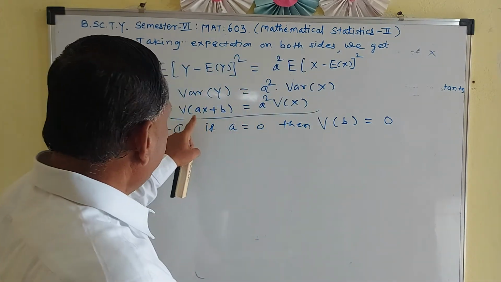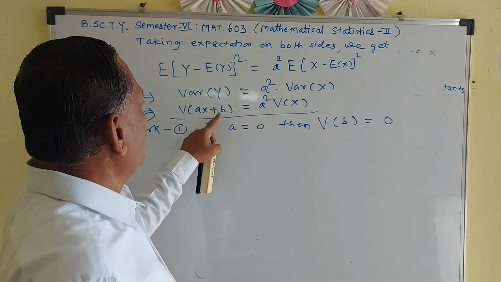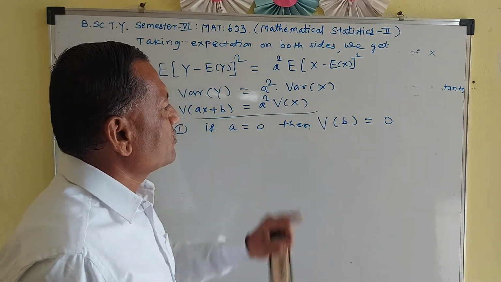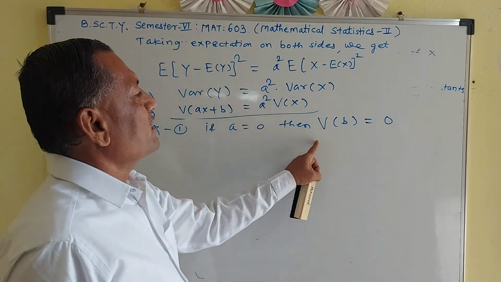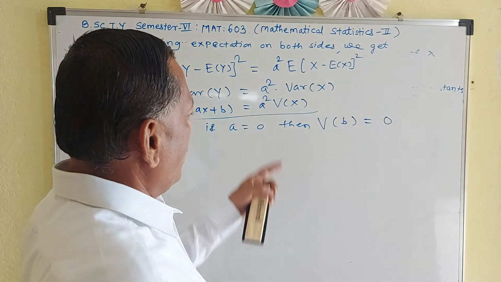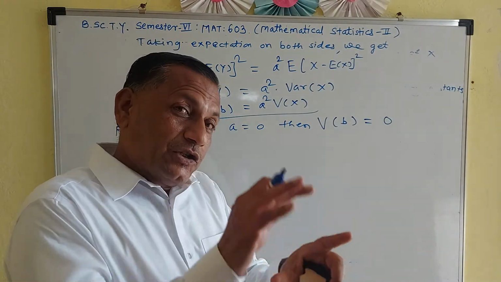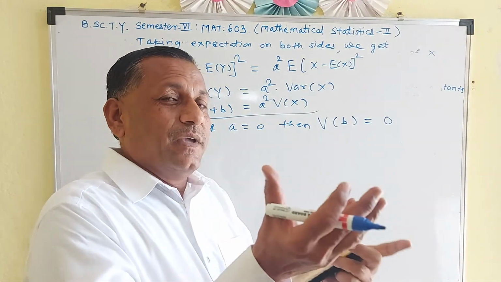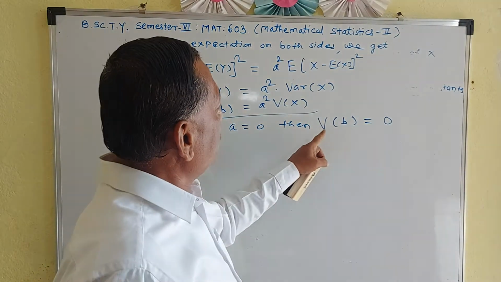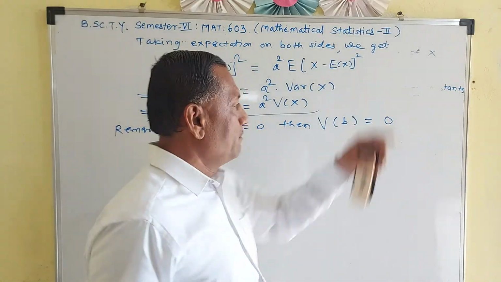So you remember, if a is equal to 0, then variance of b is equal to 0. What is b? b is constant. Therefore, variance of constant is equal to 0. If b is constant, then expectation of b is equal to b. That is, expectation of constant is constant, but variance of constant is 0.